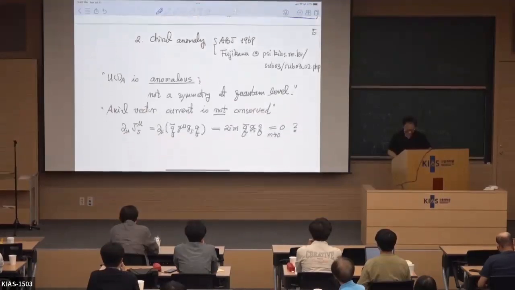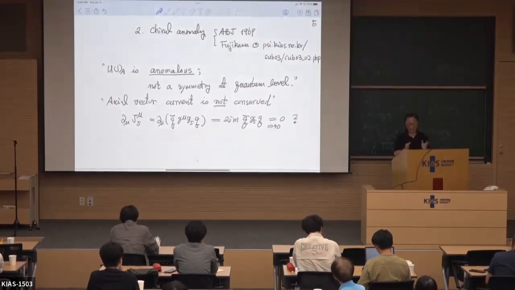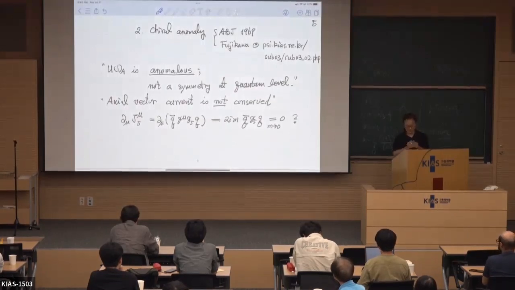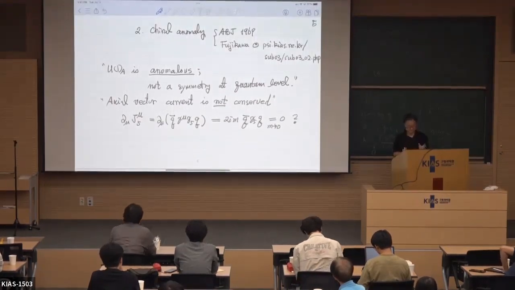Okay, now here comes the story of the chiral anomaly. What we understand now is that U(1)_A is not a symmetry. It's anomalous, meaning it's a symmetry at the classical level, but not at the quantum level. That means the axial vector current is not conserved.